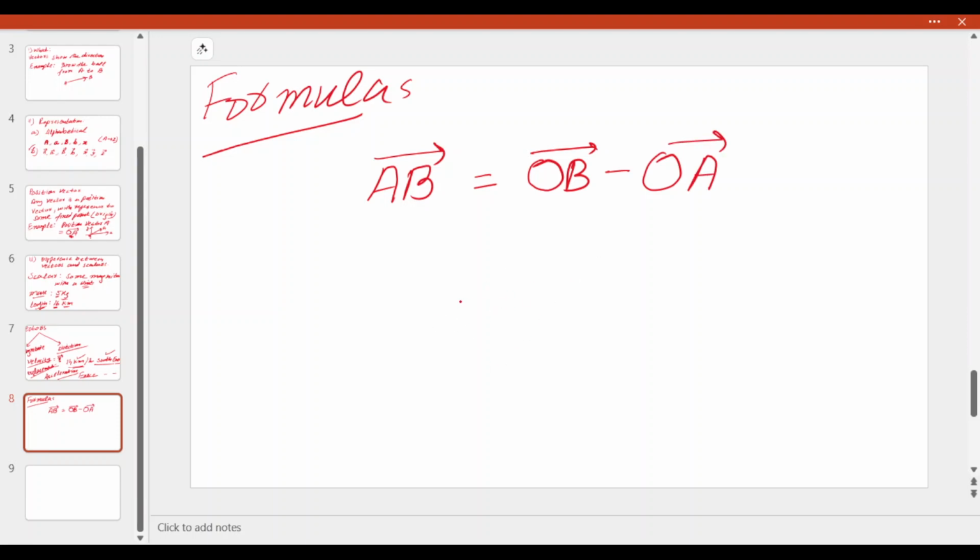For example, this is an important question from the past paper.